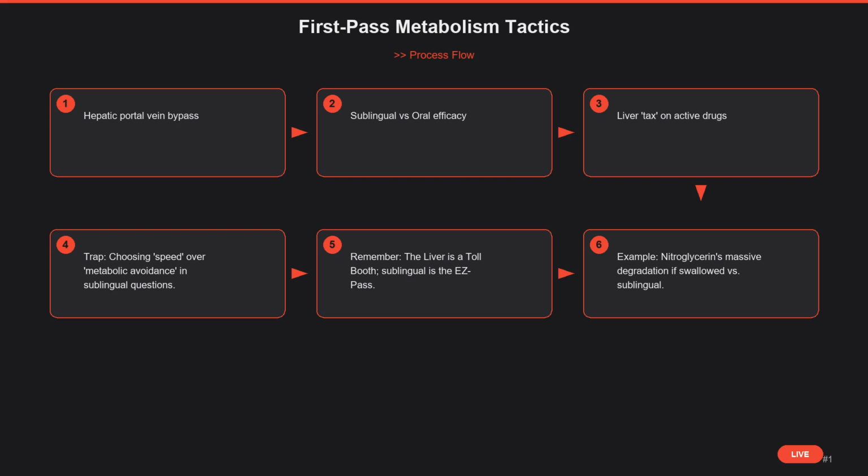They'll throw in distractors about speed of absorption or patient preference, but they're testing if you know about the hepatic portal vein. Think of the liver as a border checkpoint that taxes the drug before it hits the bloodstream. If the tax is too high, the drug dies before it works. What I see students do is pick faster onset every time, but the real answer is usually about preserving the drug's integrity. It's a survival game, not just a race. Got it?